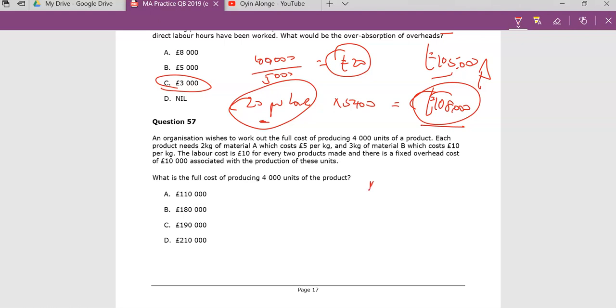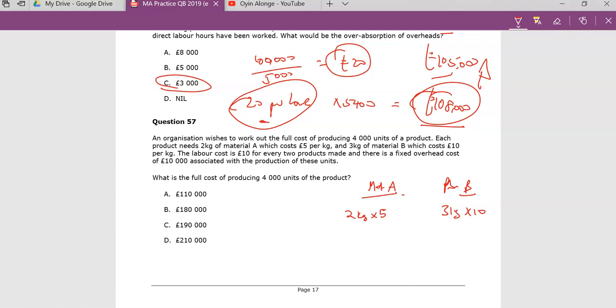Each product needs material A and material B. So you need 2 kilograms of A times £5 per kilogram, and for B you need 3 kilograms of B times £10. And the labor cost is £10 for every 2.